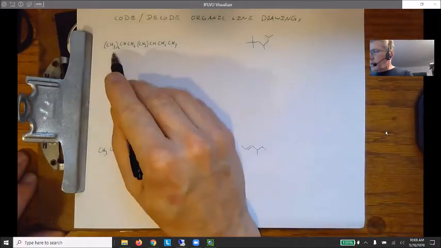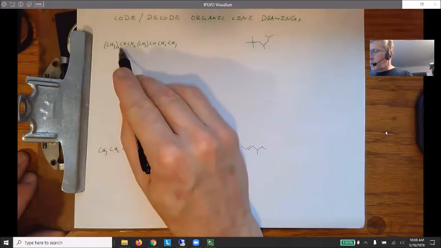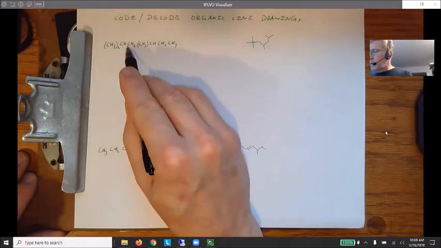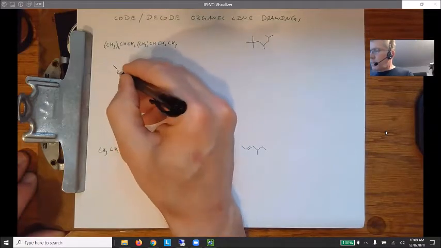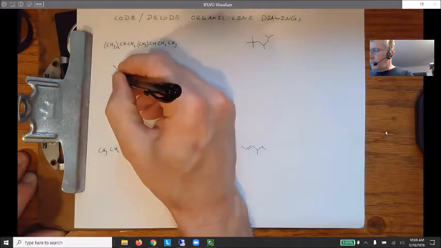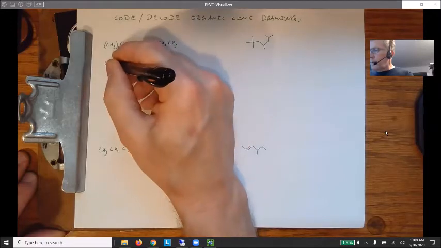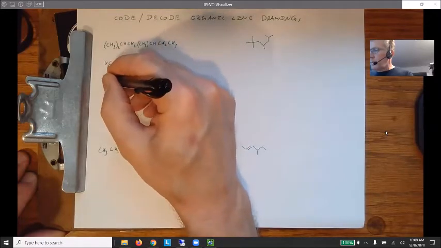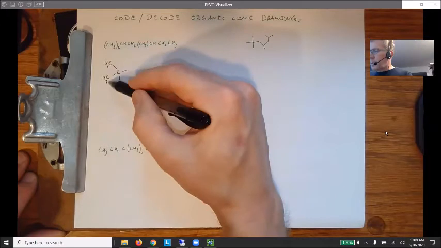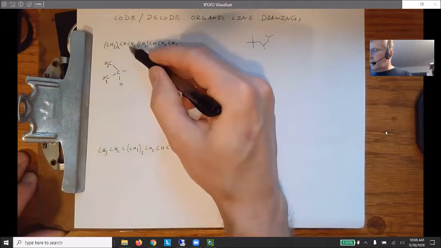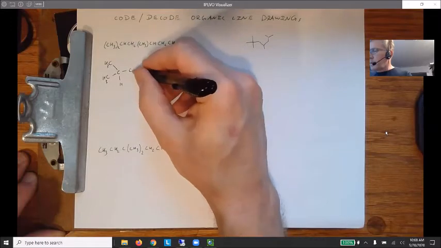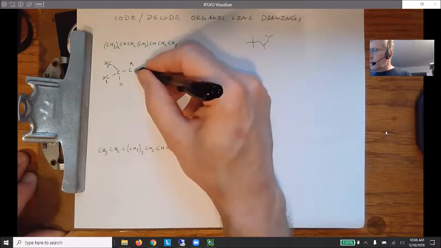So I look at this. I have two methyl groups attached to a carbon and a hydrogen and a carbon next. So this will be something like this. The two methyl groups out here. This carbon is here. It has a hydrogen and is attached to another carbon. CH2 is up here.